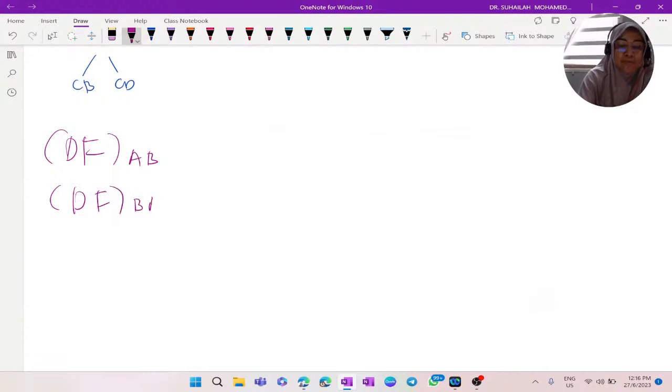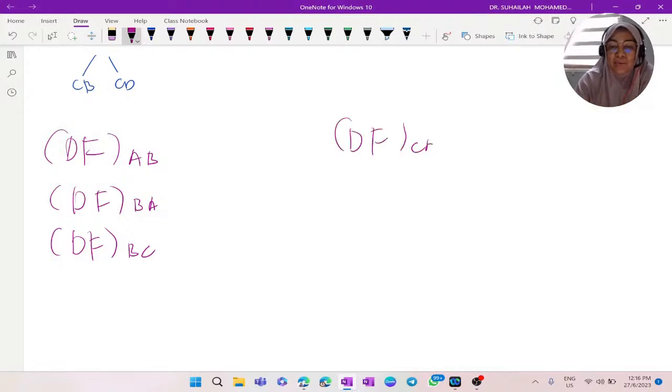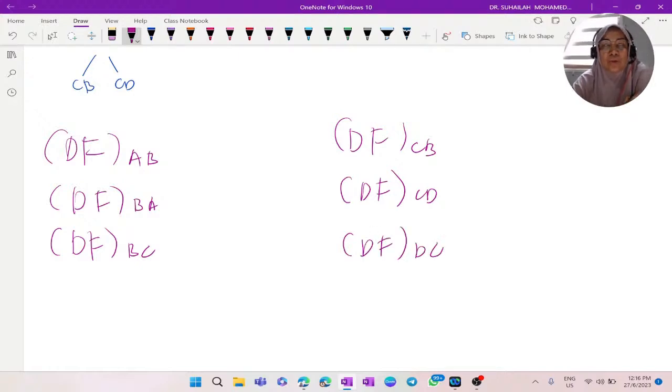At B, we have DFBA and DFBC. At C, we have DFCB and DFCD. And at D, DFDC. So in total, we have 6, which is equal to the number of member end moments in the system.